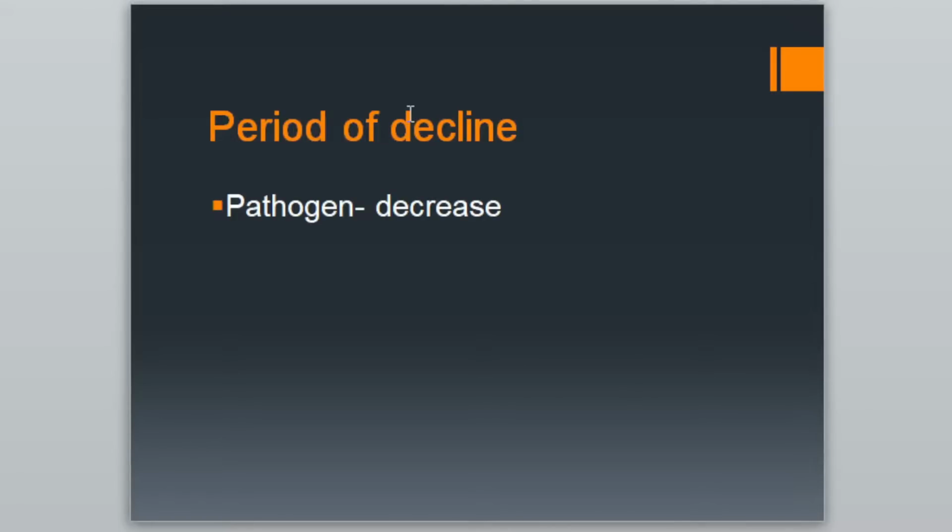In this period, the number of pathogen particles begins to decrease, and the signs and symptoms of illness begin to decline. However, during the decline period, the patient may become susceptible to secondary infection.